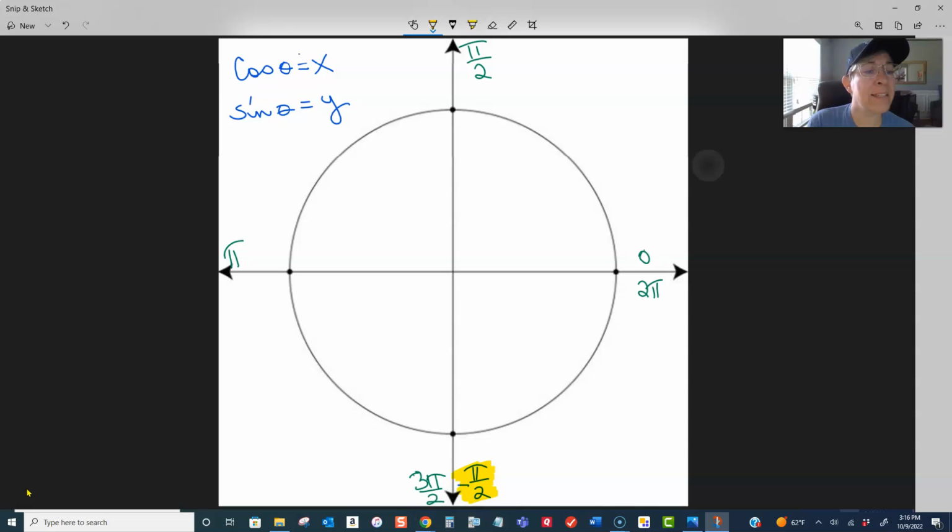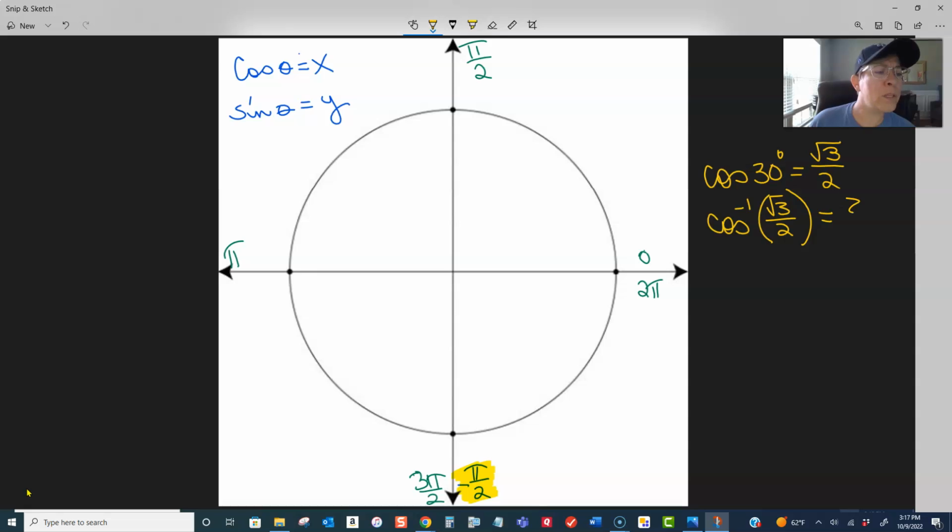Now, when we're talking about inverse functions, let's do a little review here. If we had, let's say, just the cosine of 30 degrees, we can do it in degrees first. And we know that that gives us a ratio output of the square root of 3 over 2. But if we were to take the inverse function, that means our input is now that ratio, the square root of 3 over 2.